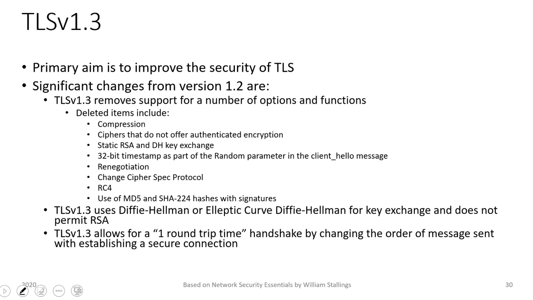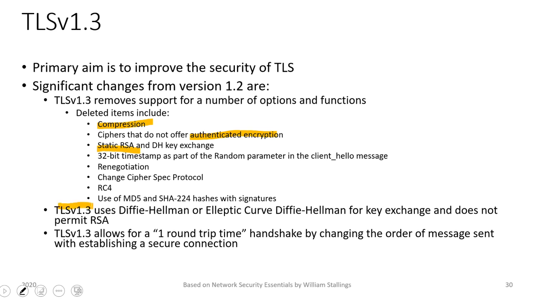It removes a number of aspects, particularly things like compression, ciphers that do not offer authenticated encryption, static RSA and Diffie-Hellman key exchanges, and so on. So a number of features that were there in the previous versions are removed.